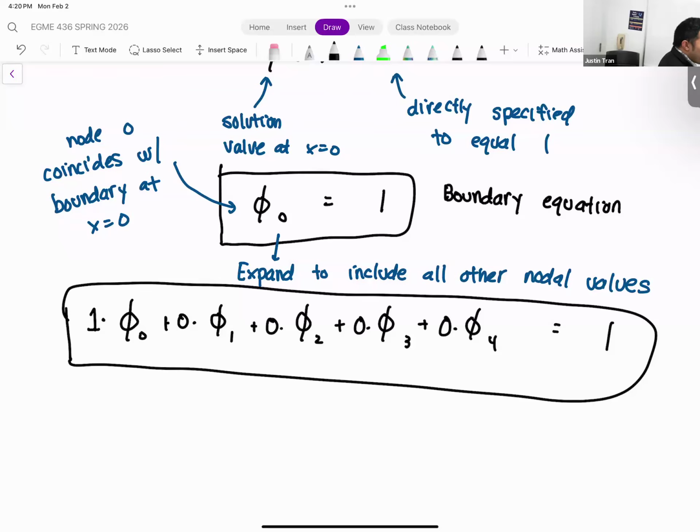So why would we go through the trouble of expanding such a simple equation and turning it into something more complex? Eventually we're going to take our system of 5 equations and 5 unknowns and put it in matrix form, because that's how we input these systems into computer programs to solve.